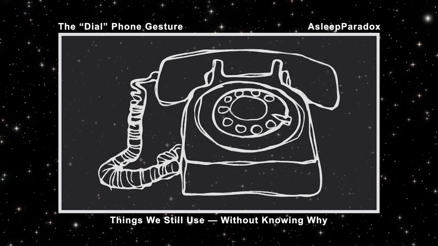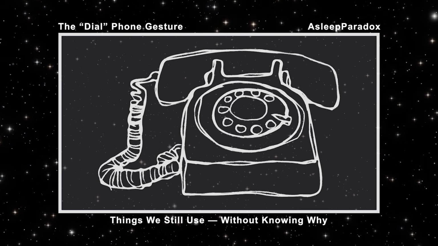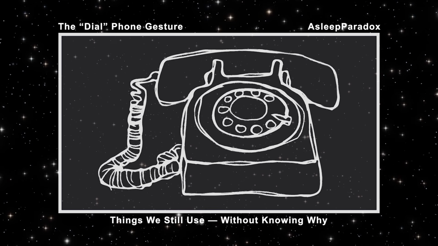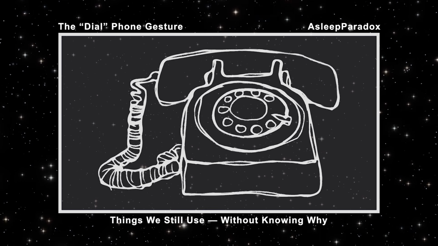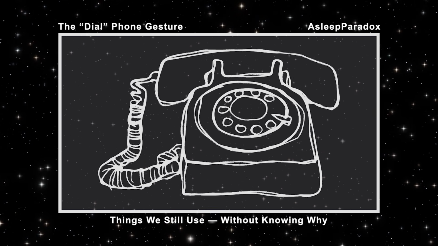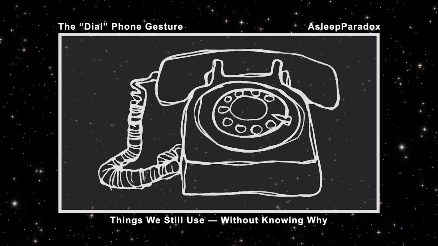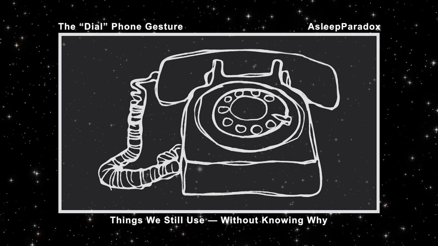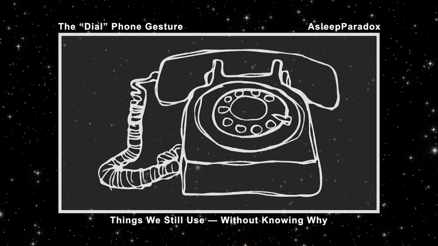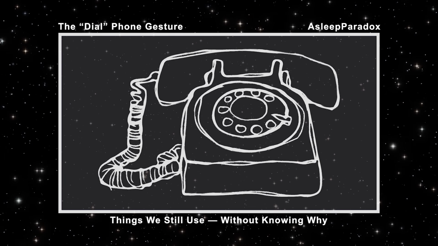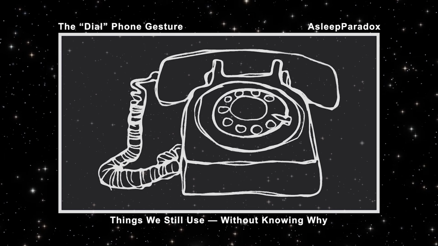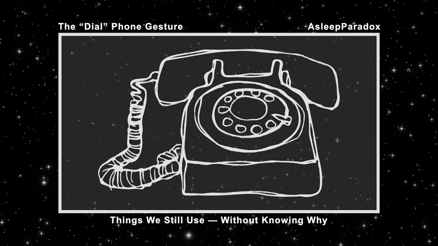Instead of generating pulses through rotary motion, these phones used tone signaling, producing distinct audio frequencies for each digit. The process became faster and quieter. Users pressed buttons rather than turning a wheel. Despite this shift, the word dial continued to describe the act of entering a number. The vocabulary remained unchanged even as the physical action transformed.